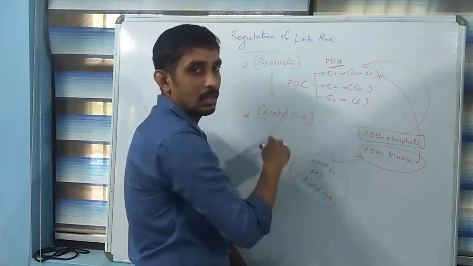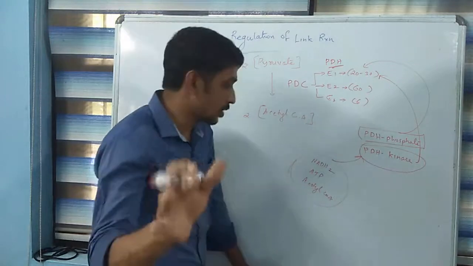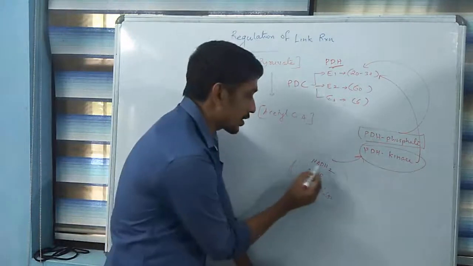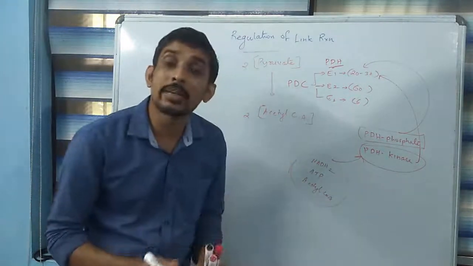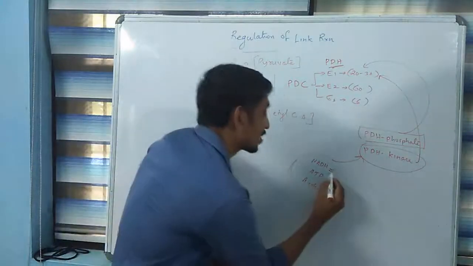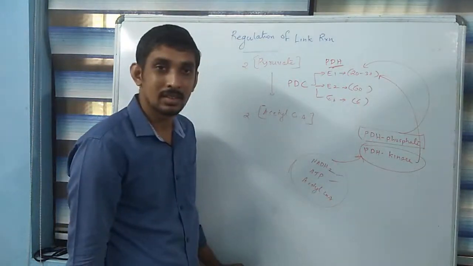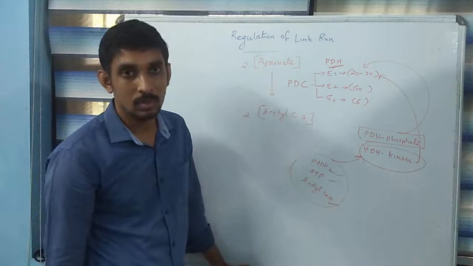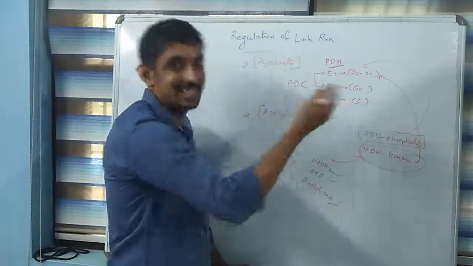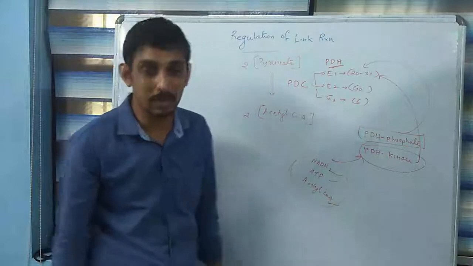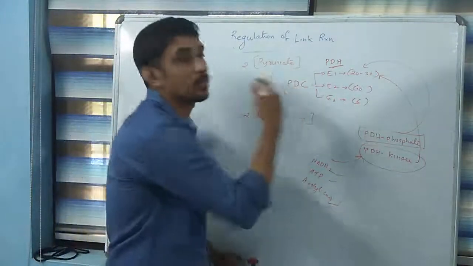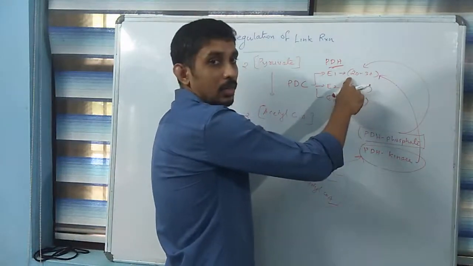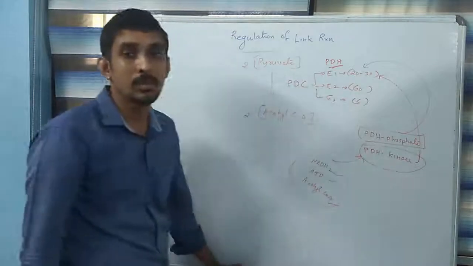If E1 gets inactivated, the process will stop. Because the main logic here is that the presence of NADH2, ATP and acetyl coenzyme A in a cell indicates that the cell contains a sufficient amount of energy, and also the cell can produce more energy by using acetyl coenzyme A. So the cell need not produce further energy because it already contains plenty. At that time the cell needs to stop this process. That is why it activates the kinase, which phosphorylates enzyme 1 and inactivates the process.